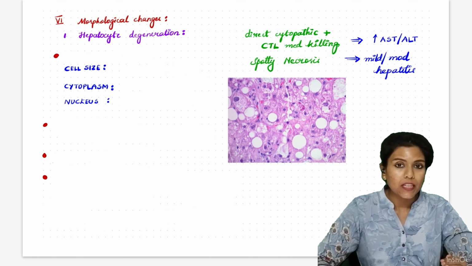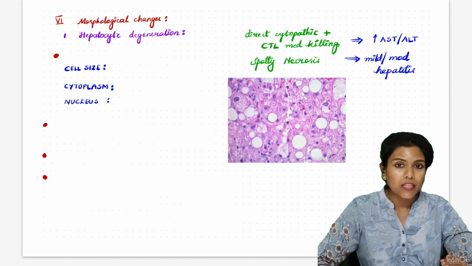In ballooned hepatocytes, the cell will increase in size. The nucleus will be pushed to one side, and the cytoplasm becomes pale. So on the whole, the cell increases in size, the cytoplasm becomes pale, and the nucleus will be intact, but it will be displaced.